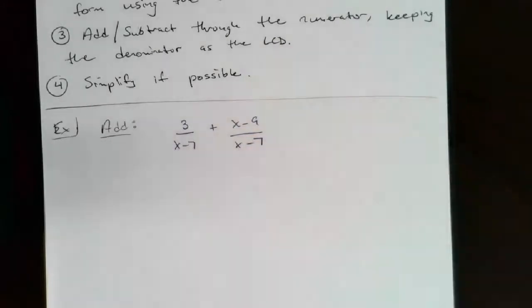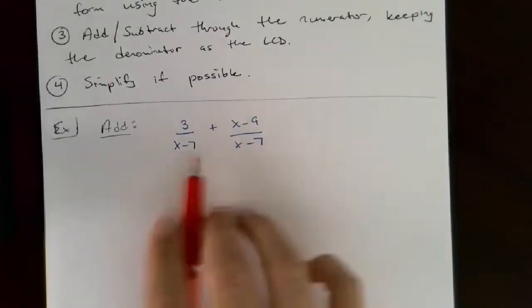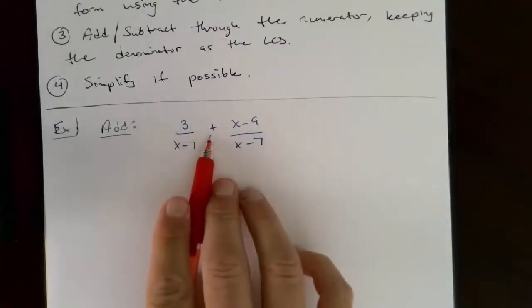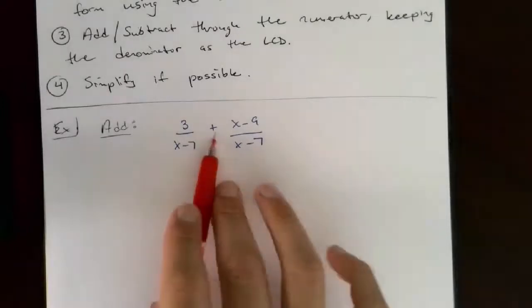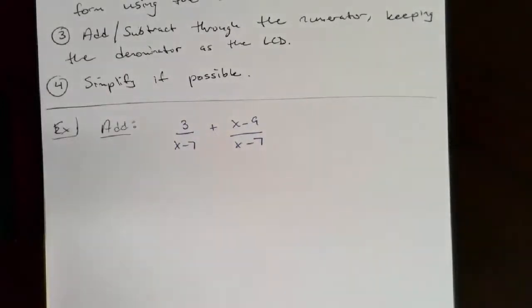So a fairly straightforward one to start. And like I mentioned in this video, typically because our textbook does this, the examples I'll show you already will have a common denominator. So when I go to add these, first off, the operation's addition, because you see the plus sign. So you should know that if it just said perform the indicated operation, addition's the operation. We want to add these fractions together.